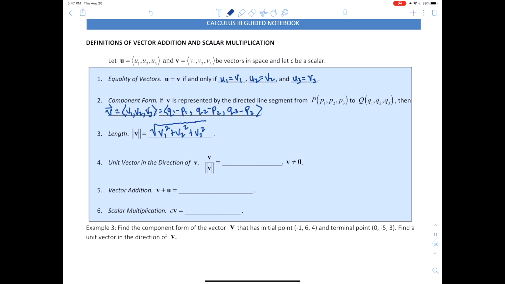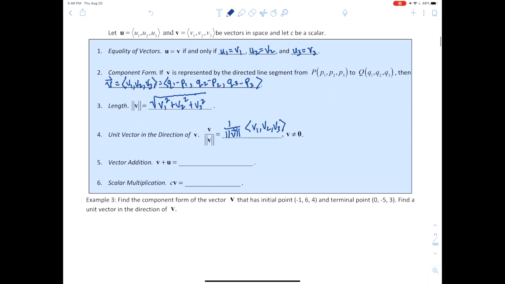So you're going to get 1 over the magnitude of v times the vector with the components v1, v2, and v3. And of course, v can't be equal to the 0 vector because then you'll have an indeterminate form, and that's no good.